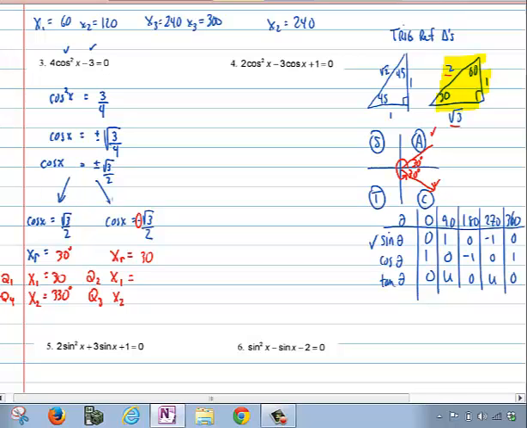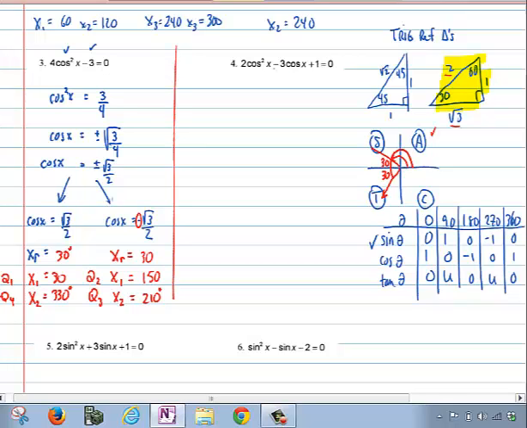So when we go to quadrant 2 and quadrant 3, we have a 30 degree reference angle in quadrant 2, and that would be a 150 degree angle in standard position. And then when we go to quadrant, wait, did I say quadrant 3? I'm at quadrant 2. If I said quadrant 3, I apologize. In quadrant 3, we have a 210 degree angle. That's how we solve that one.